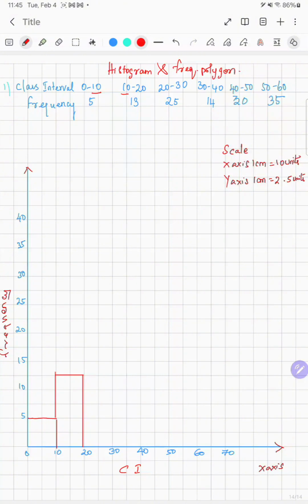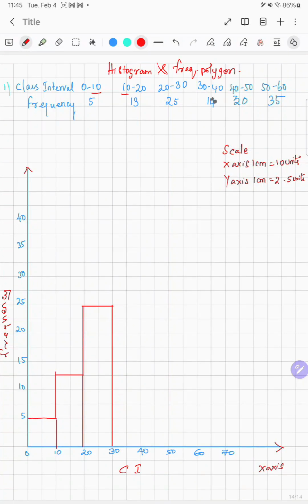Third one is 20 to 30 and the frequency is 25. So I will draw a line up to 25 and again mark up to 30. Okay, this is the condition.